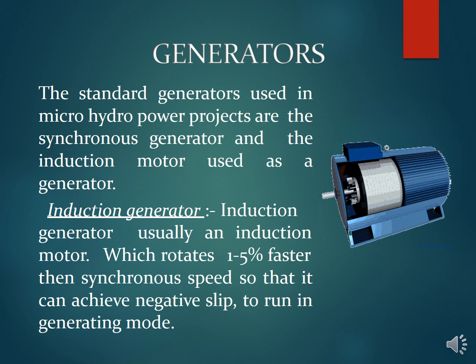Generators. The standard generators used in micro hydropower projects are synchronous generators, and induction motors are also used as generators. An induction generator is usually an induction motor which rotates 1 to 5% faster than synchronous speed so that it can achieve negative slip to run in generating mode.